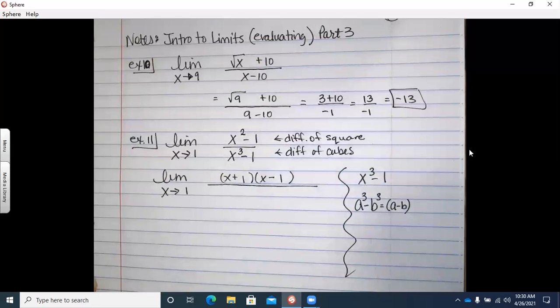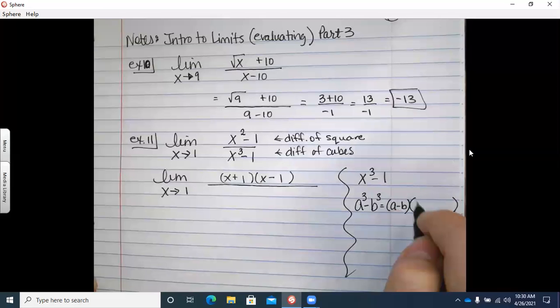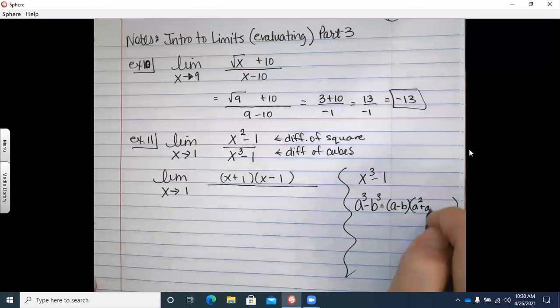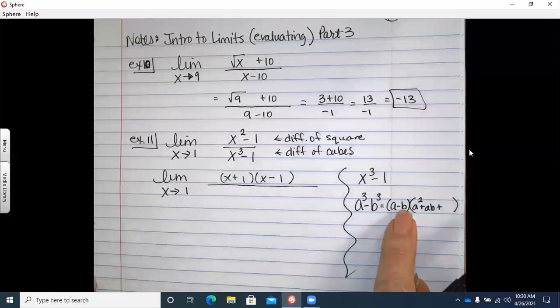Second set of parentheses, you take the first term in the first set of parentheses and square it, plus multiply these two together, just not the absolute value. So a times b is ab, plus the second term in the first set of parentheses squared, so plus b squared.